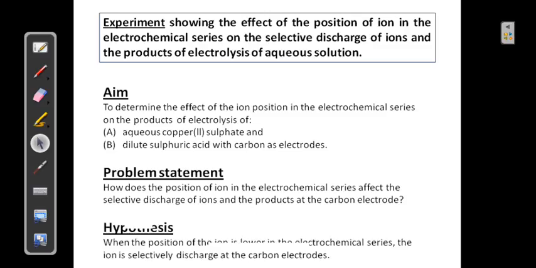Yeah. And the hypothesis is, when the position of the ion is lower in the electrochemical series, the ion will be selectively discharged. So that is the hypothesis, and we want to prove that the hypothesis is correct.